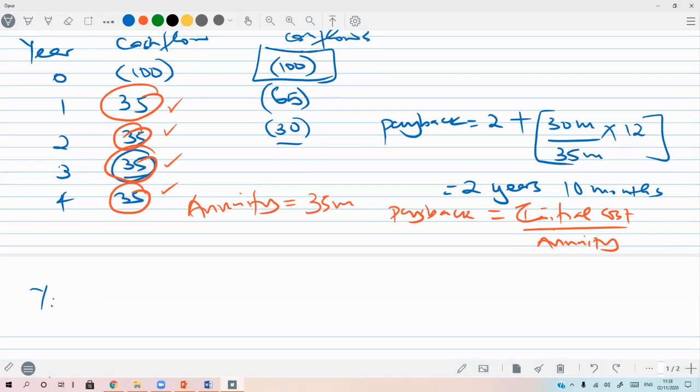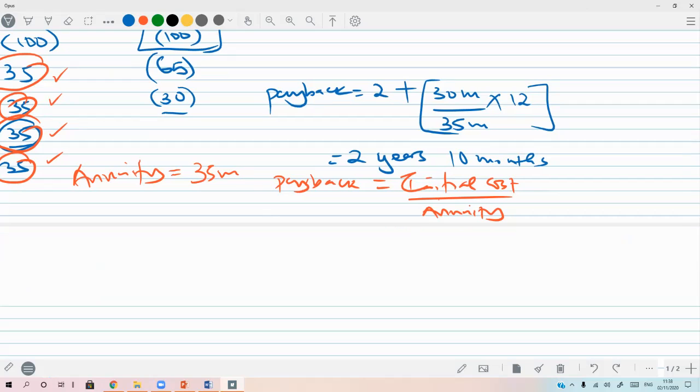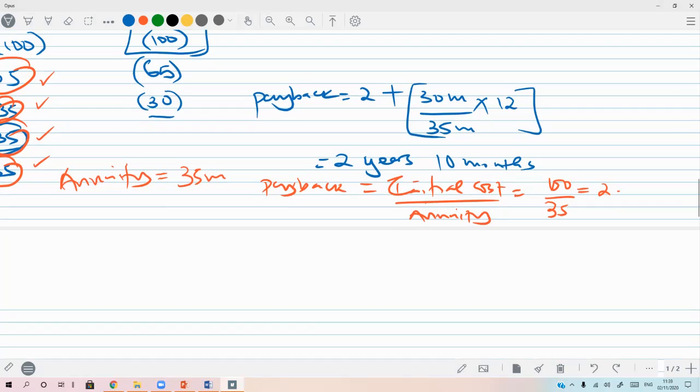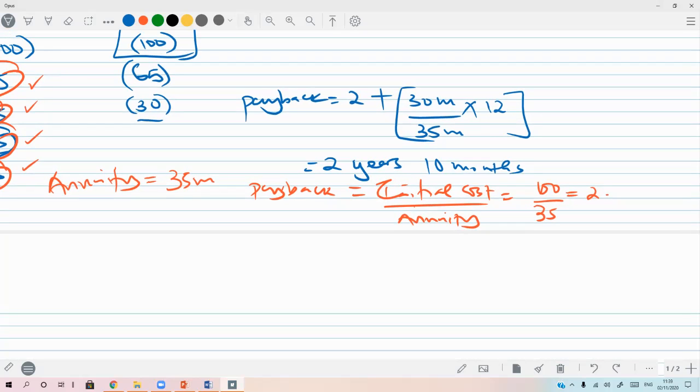Therefore, that 5 million is an annuity, and the payback would be 100 million divided by that 5, which gives you 2.86. If you convert this point into months, you get 2 years and 10 months.